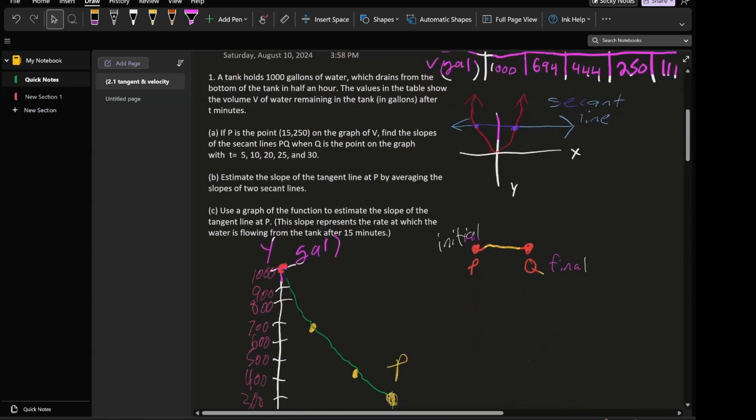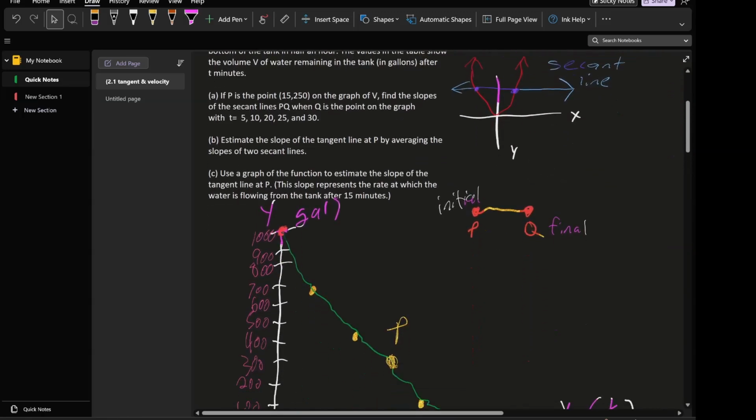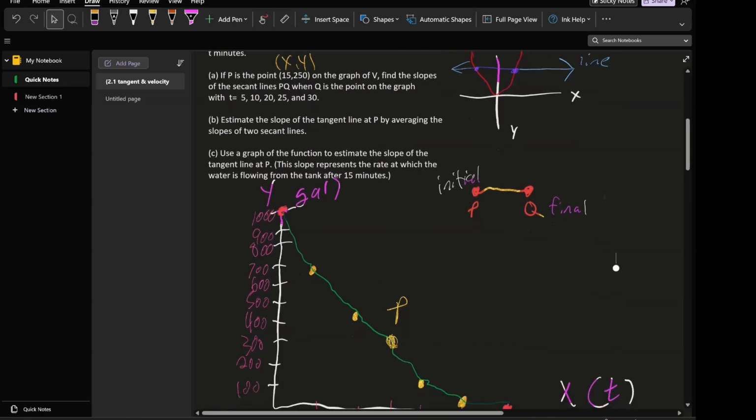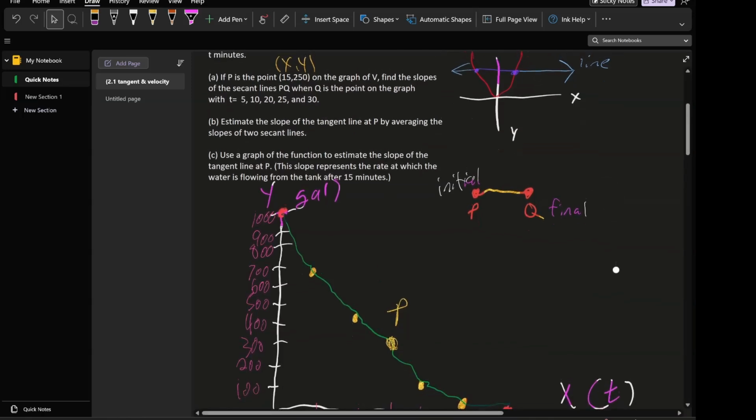So part A says if P is the point (15, 250), where you can look at it as an x and y ordered pair, P is the point (15, 250) on the graph of volume. Find the slopes of the secant lines PQ when Q is the point on the graph of these varying time intervals.